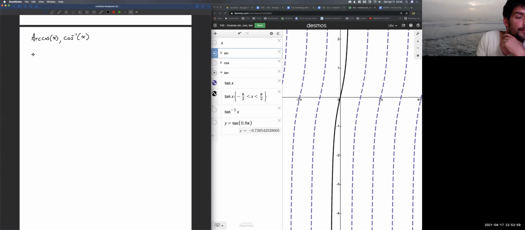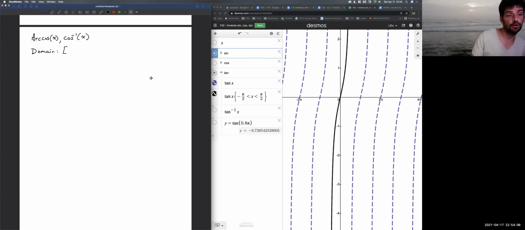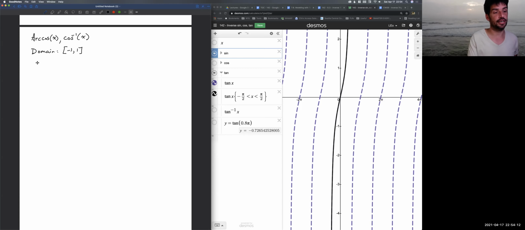And the domain, well, remember what we're doing. We're putting in the outputs of cosine, and the outputs of cosine are always between -1 and 1. So the only inputs that make sense are -1 to 1. And the range, it's going to output angles, and it's always going to output angles between 0 and pi.